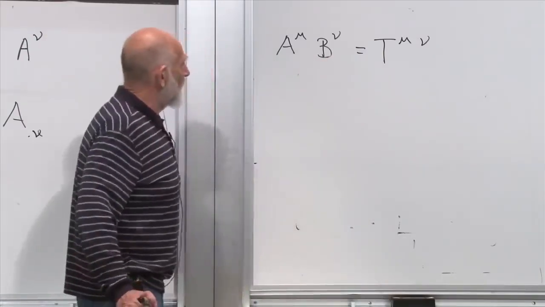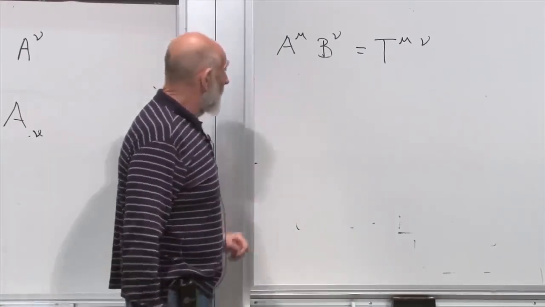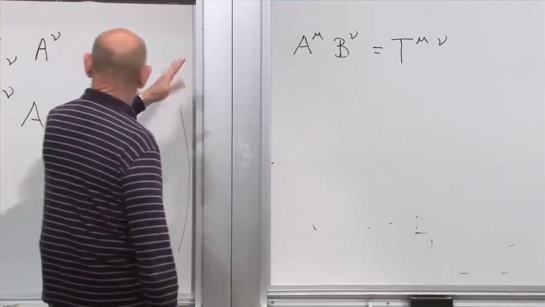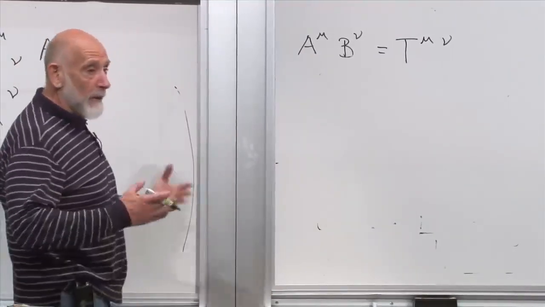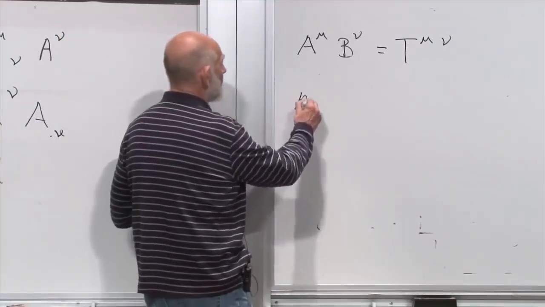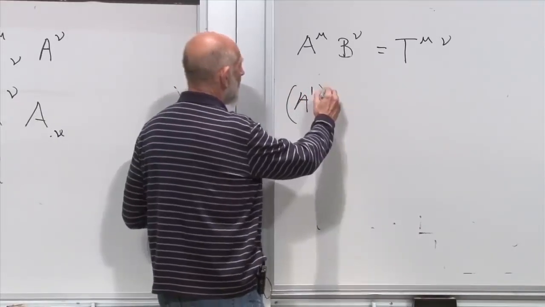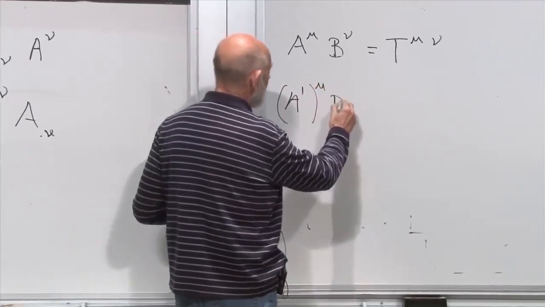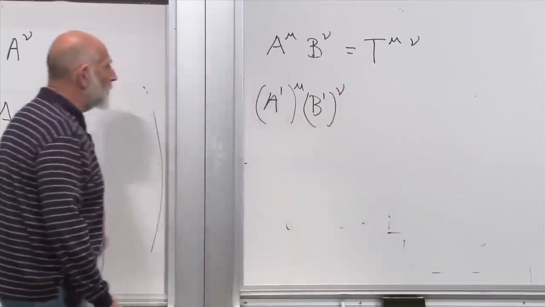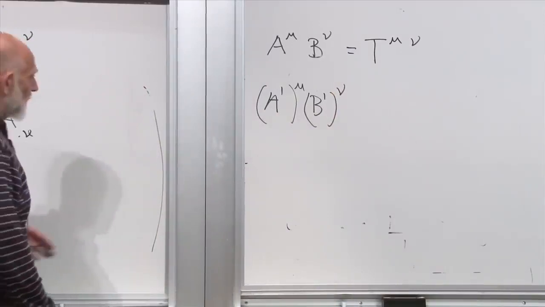How does such an object transform, T mu nu? Well, if we know how A transforms, and we know how B transforms, which is the same way, we can immediately figure out what A prime, put a bracket around here, mu B prime nu is. All we have to do is transform the A and the B, but we know how the A and the B transform.